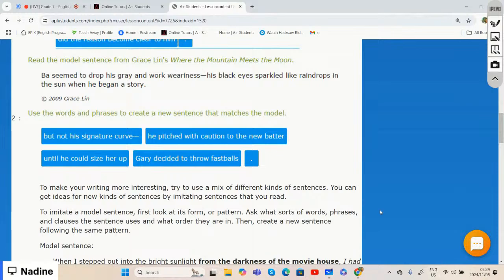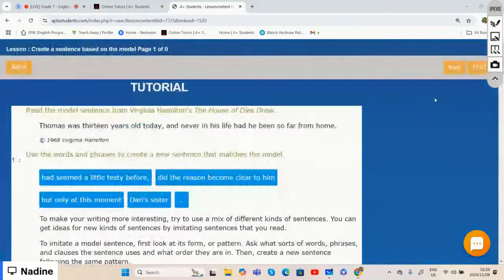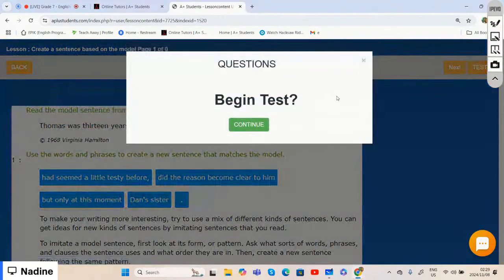All right. So now we're going to our test, where we're going to create a sentence based on the model.